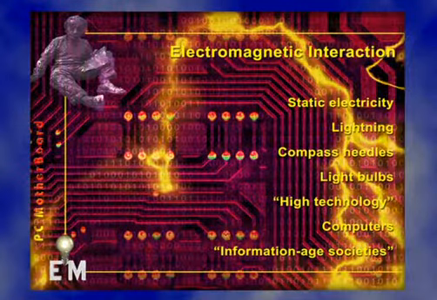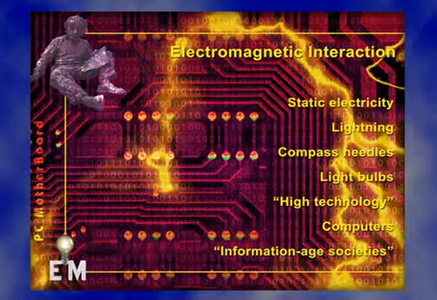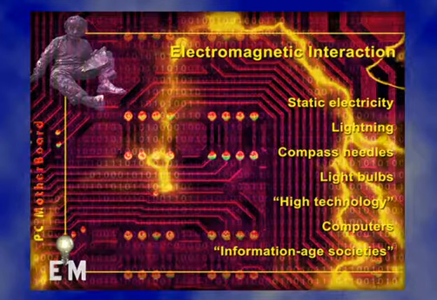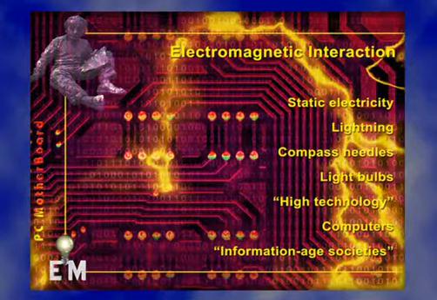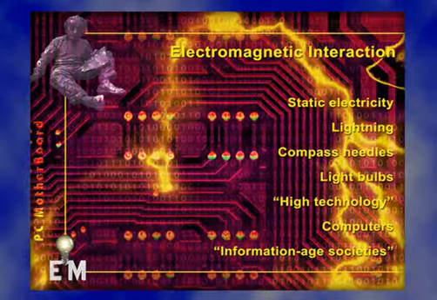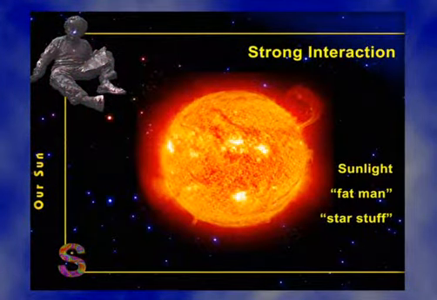There's the electromagnetic force. Well, gee, we know about that because all of our high technology is essentially built on the fact that we know how to manipulate electrons. We also can explain things like static electricity and lightning, compass needles, light bulbs, computers, all of this because we understand the electromagnetic force. And then finally, there's another form of nuclear energy, the strong nuclear force.